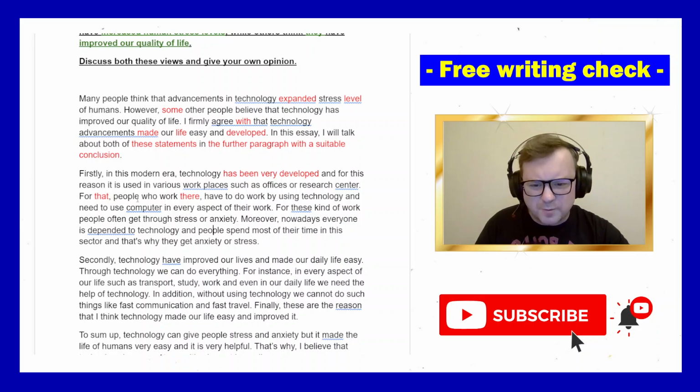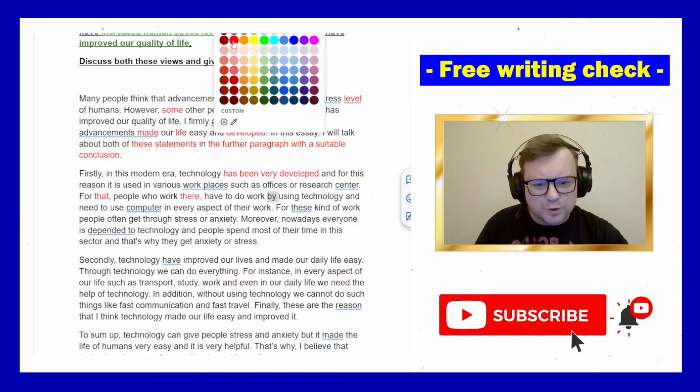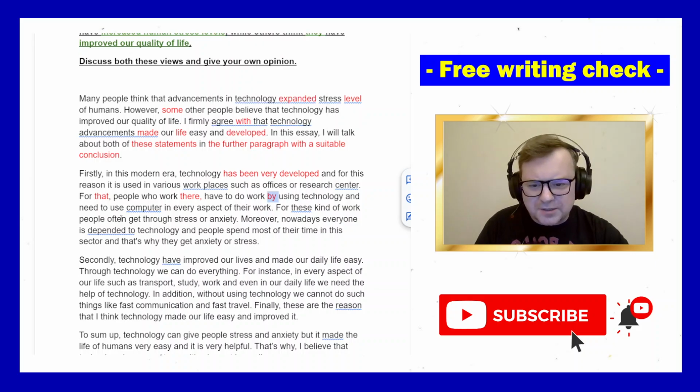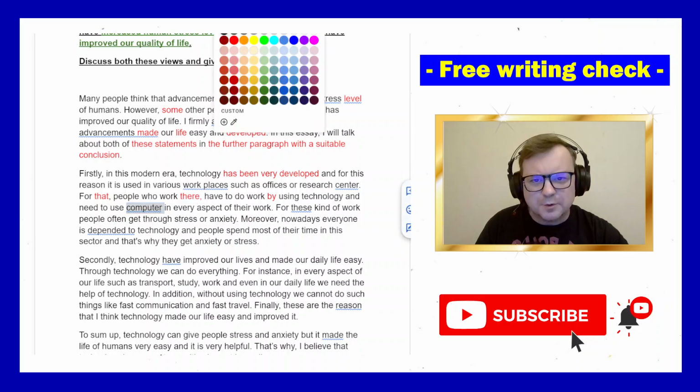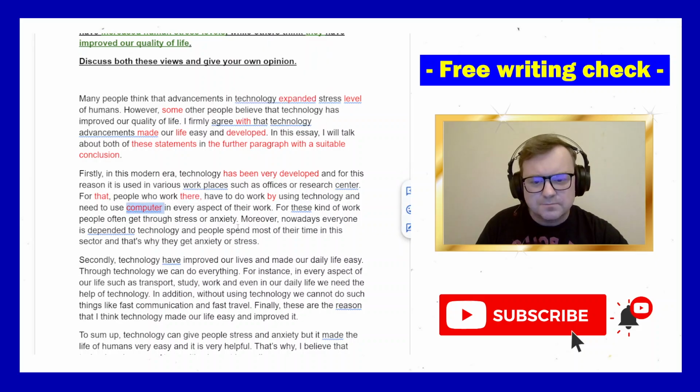"For that, comma, people who work there, comma." I don't like a comma after the subject, between the subject and the verb. That's not where we put commas, so this comma is a mistake. "People who work there have to do work using technology and need to use computer," again singular plural, need to use computers. They need to use a computer, or they need to use computers in every aspect of their work.